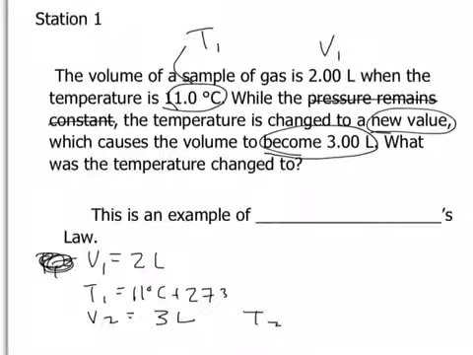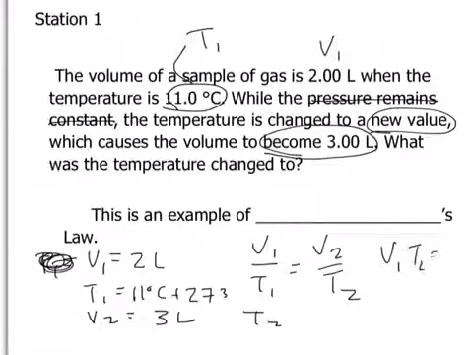In this case, the formula we're going to use is V1 over T1 equals V2 over T2. We're going to cross multiply, so V1 T2 equals V2 T1, and we want to solve for T2, so we want to divide both sides by V1.